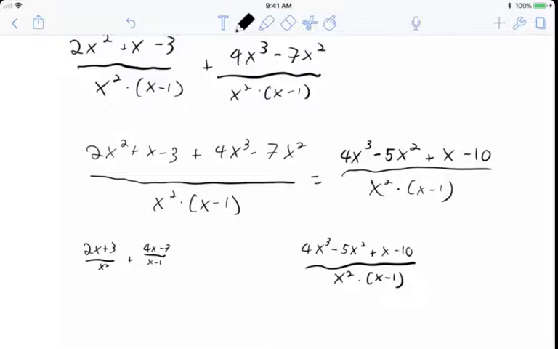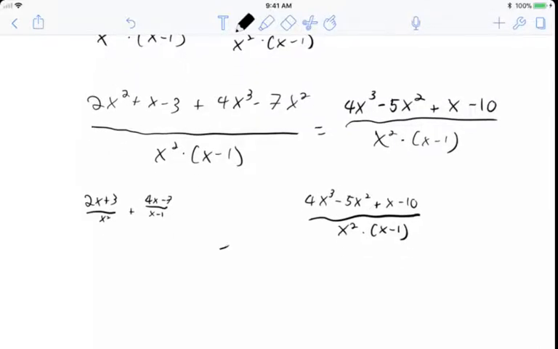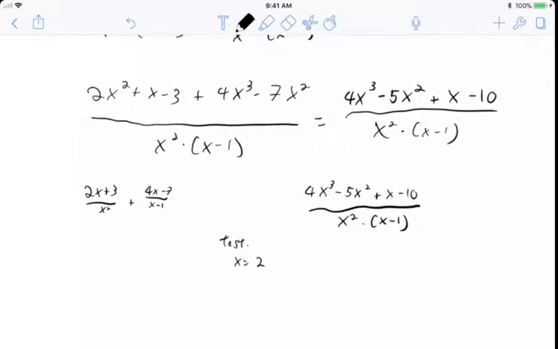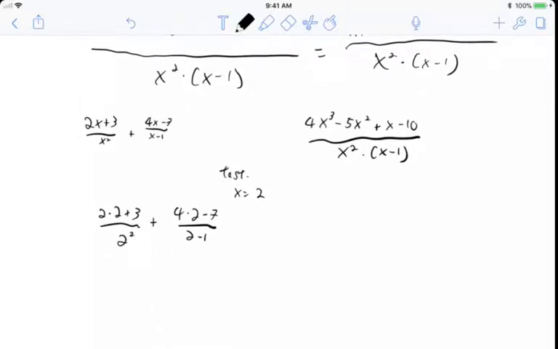Let's test it. How about if we test for x equals 2? The first one becomes 2 times 2 plus 3 over 2 squared. And the next one becomes 4 times 2 minus 7 over 2 minus 1. So that becomes 7 over 4 plus 1 over 1.